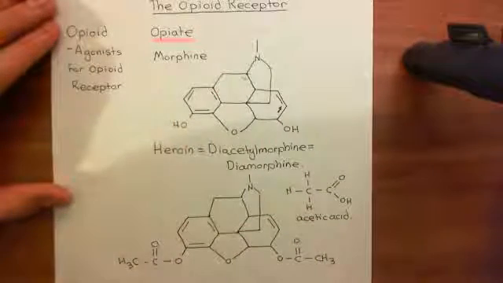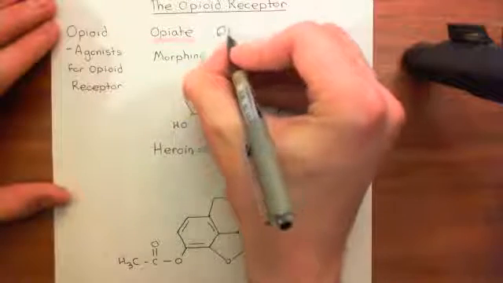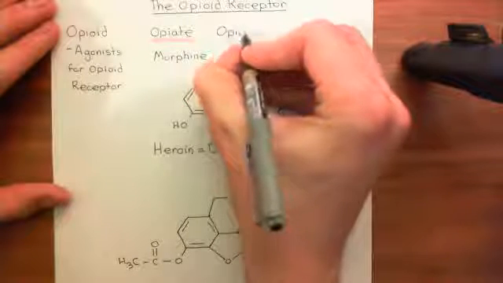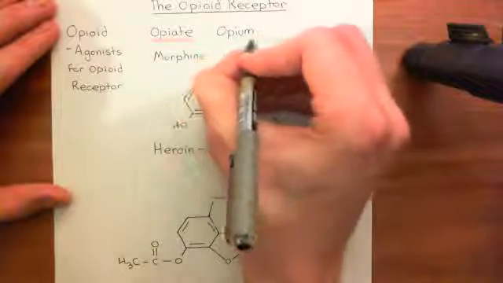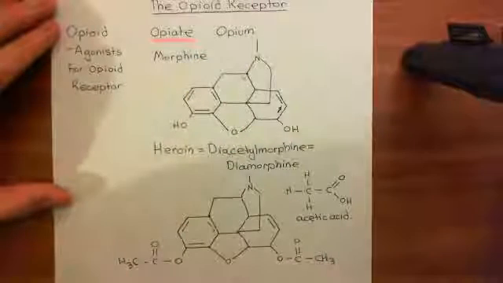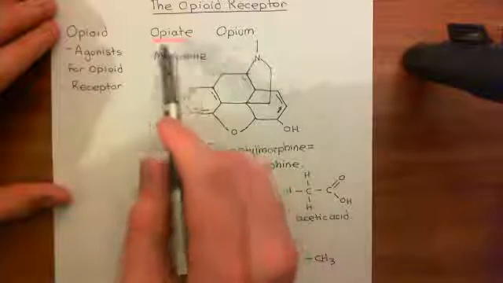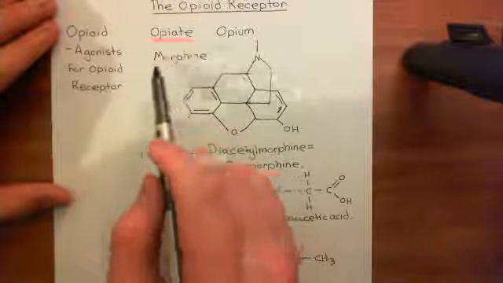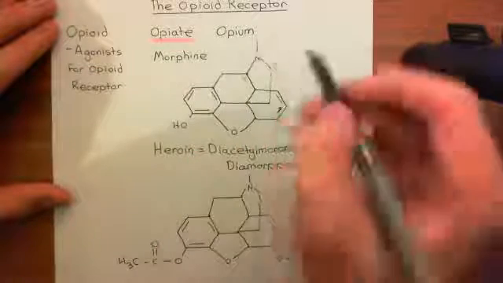Well, it owes its name to an even older name. The oldest name is opium. Opium is the name for an extract that you can get from poppies, which contain naturally occurring opiates. For instance, morphine is a major component of opium.